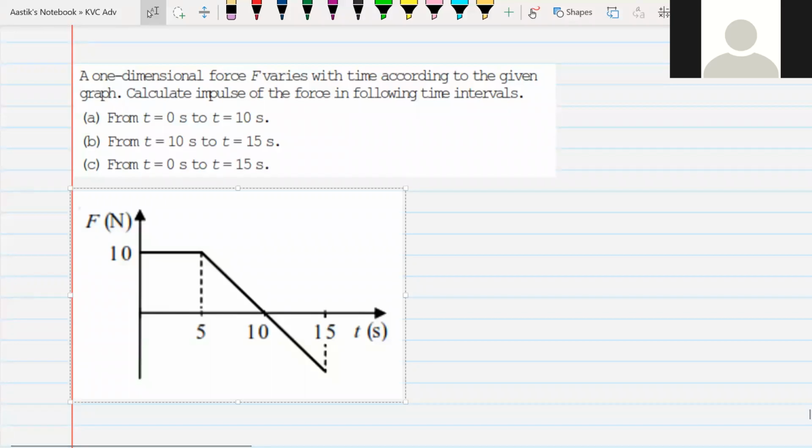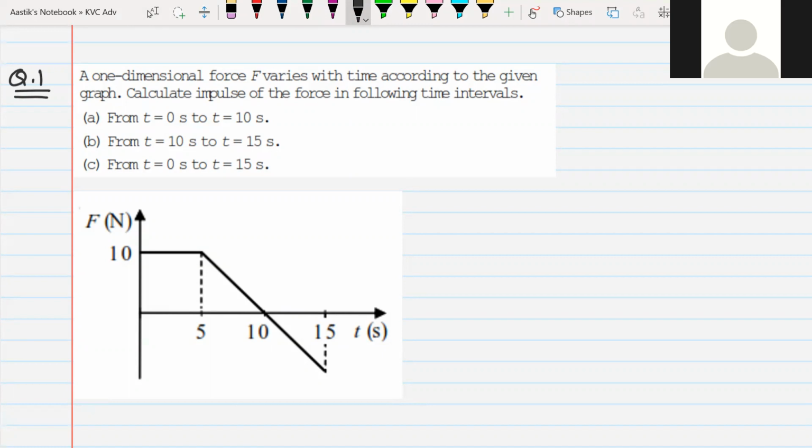Then this question, sir. You talk about impulse. This is the question. Let us do it first. A one-dimensional force varies with time according to the given graph. Calculate the impulse of force in the following time intervals: from 0 to 10, from 10 to 15, from 0 to 15.